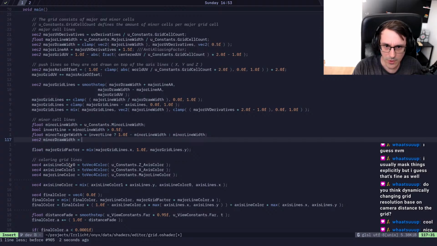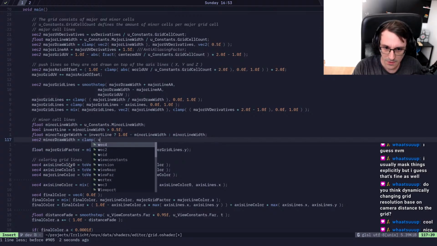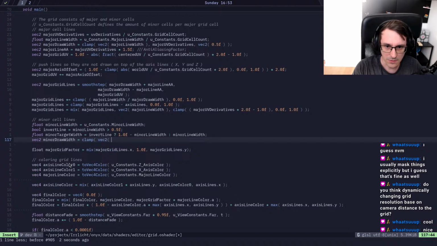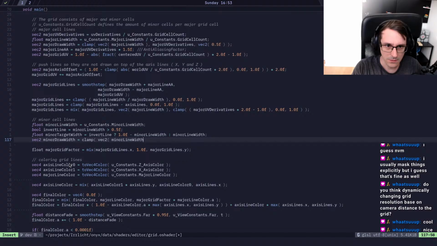So the minor draw width is basically, again, a clamp between a vec2 of our minor line width. Well, actually here it's the minor target width, yeah, because I want to have that.